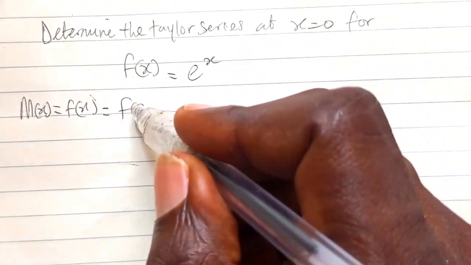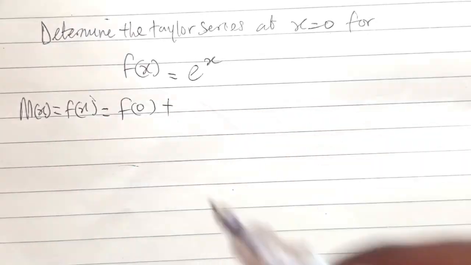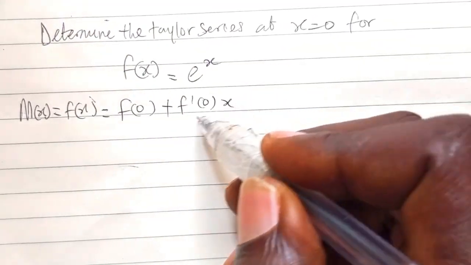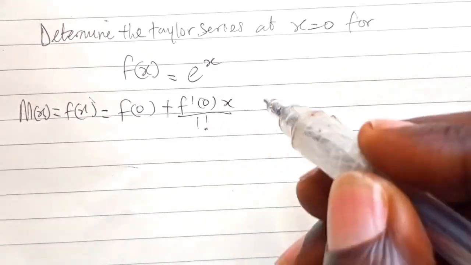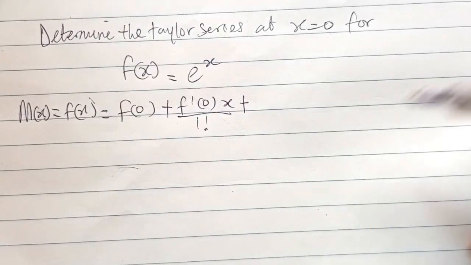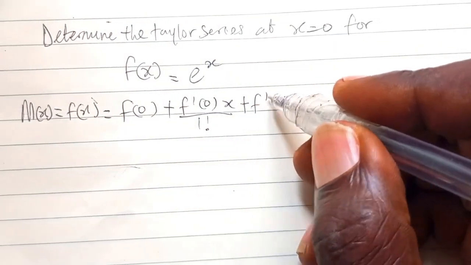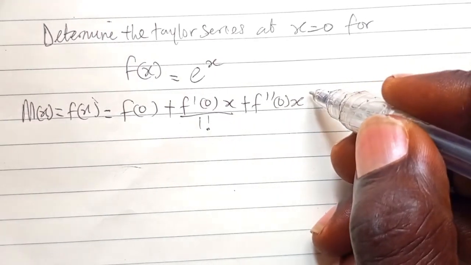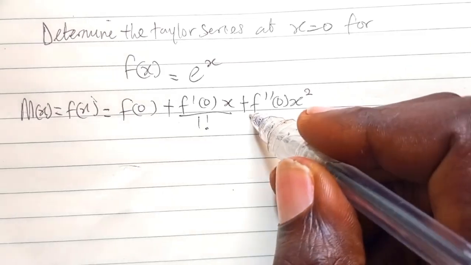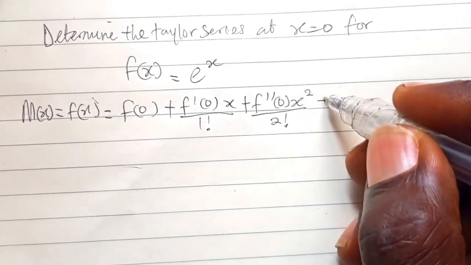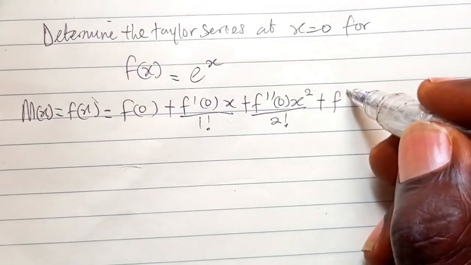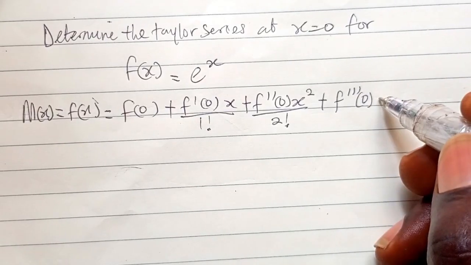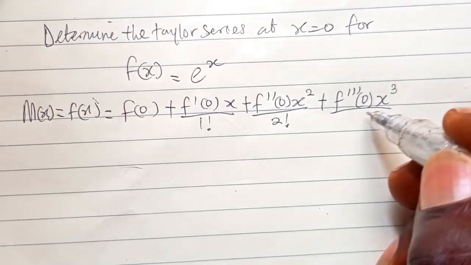So just write M of x equals f of x equals, so you're going to have f of 0 first, plus f prime of 0 times x divided by 1 factorial, plus f double prime of 0, I'm still going to have x, but I'm going to put 2 here, over 2 factorial, plus I'm going to prime it 3 times now, f triple prime of 0, x to the power 3 over 3 factorial.